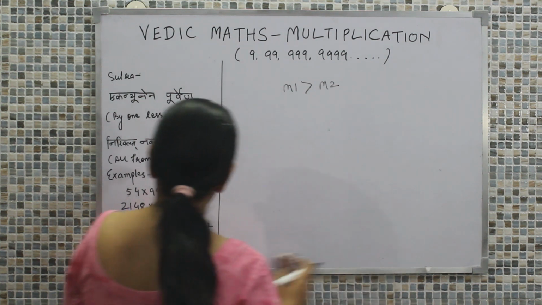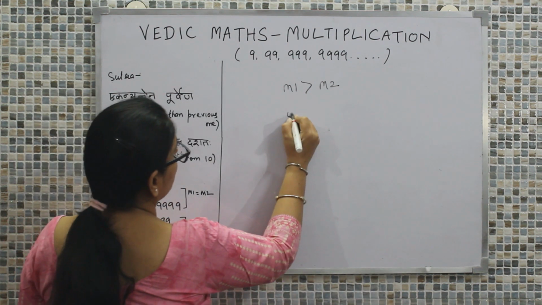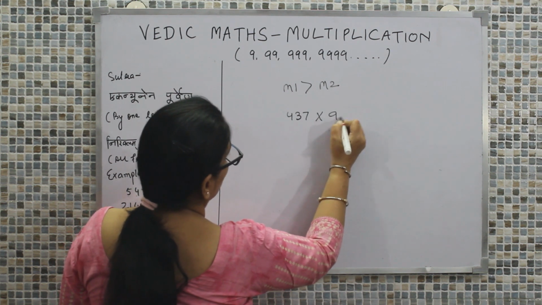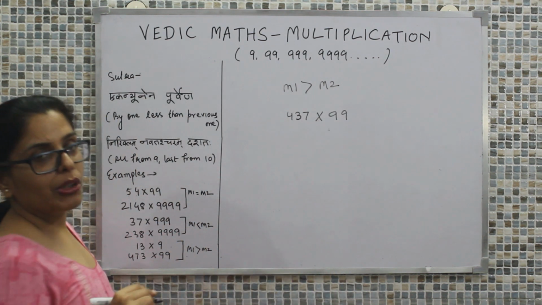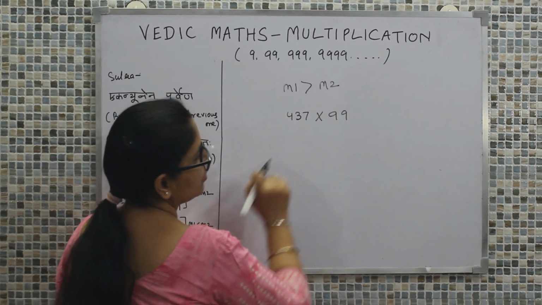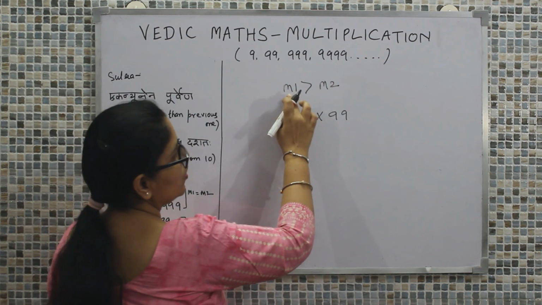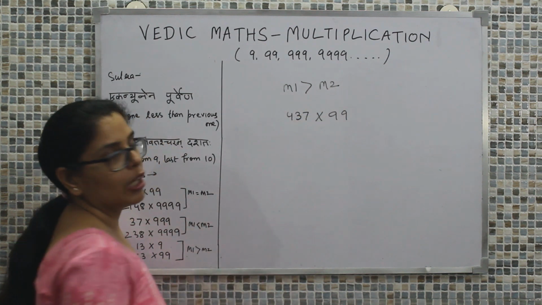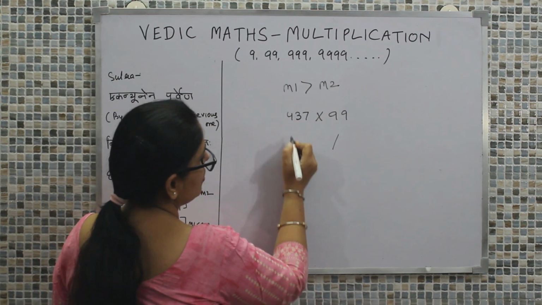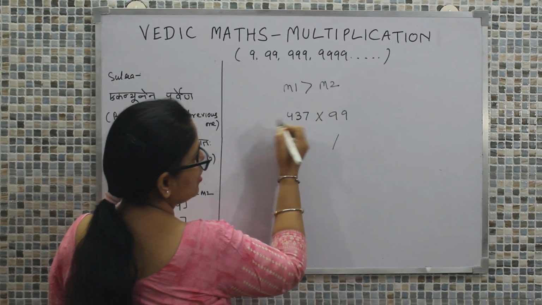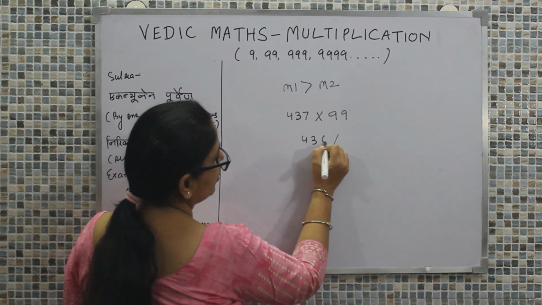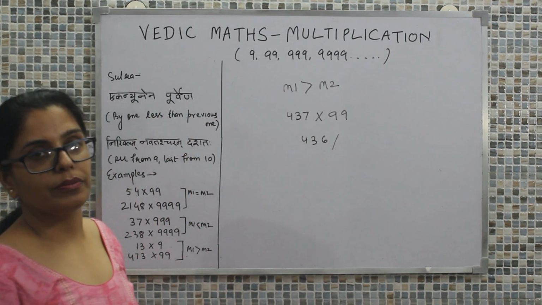Let's take the last example where we have 437 into 99. The number of digits in the first multiplier is 3 and in the second multiplier is 2. So we have the case where m1 is greater than m2. Split it into LHS and RHS. Deficient the LHS by 1. So 437 will become 436.